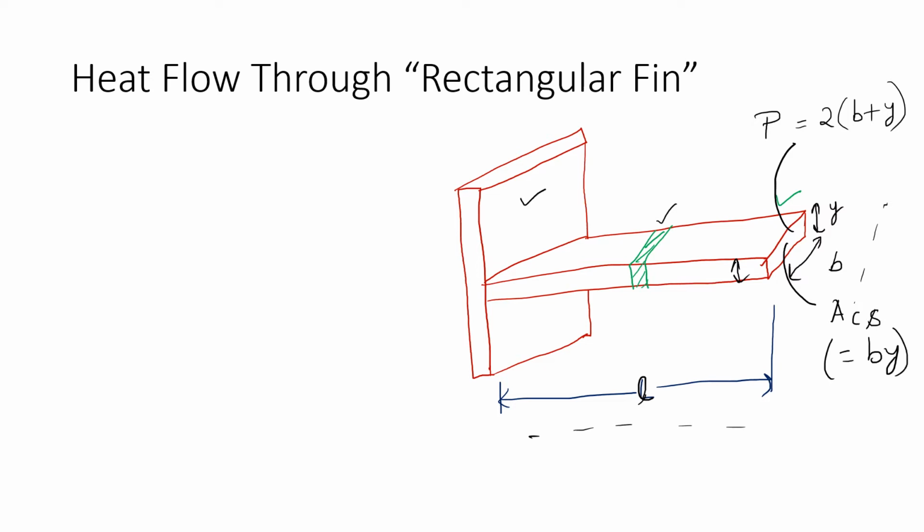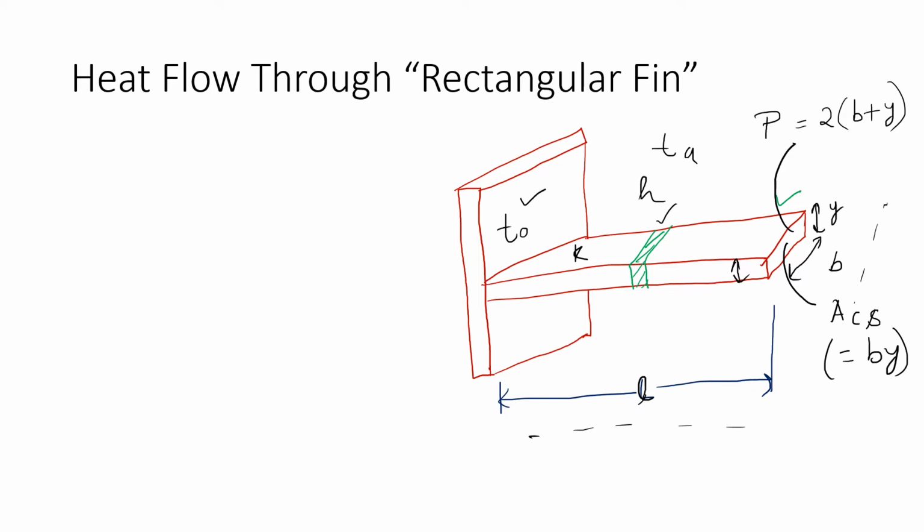And this is our base temperature. I'm denoting this by T0, the temperature at the base of the fin. The surrounding fluid has some temperature called T_a. T_a is the temperature of the ambient and surrounding fluid. It can be air, water, anything. And k is thermal conductivity, which is constant everywhere. And h is our heat transfer coefficient, the convective heat transfer coefficient.